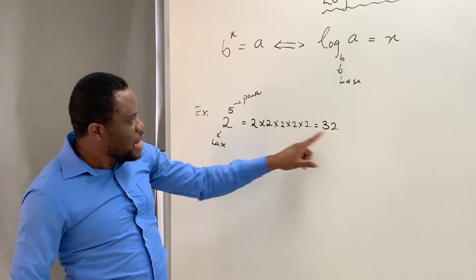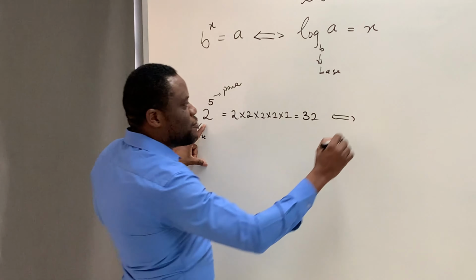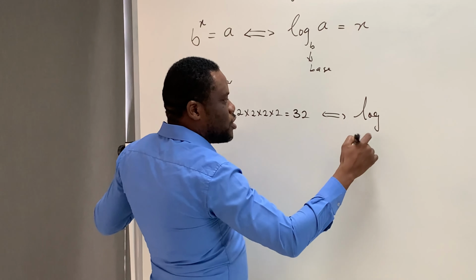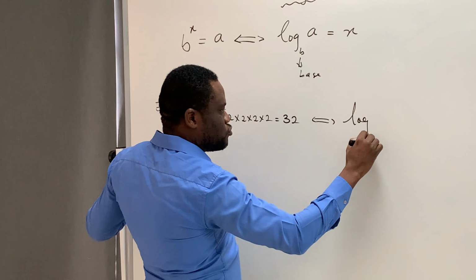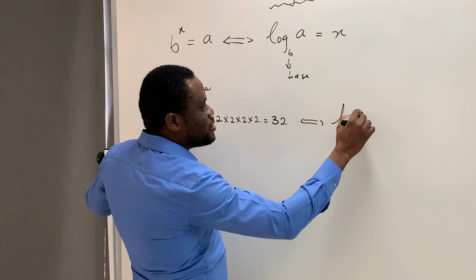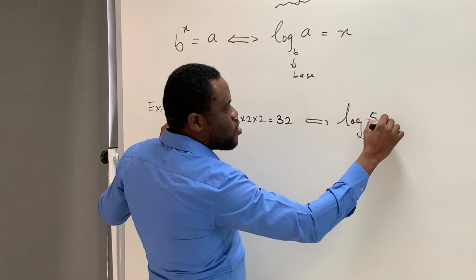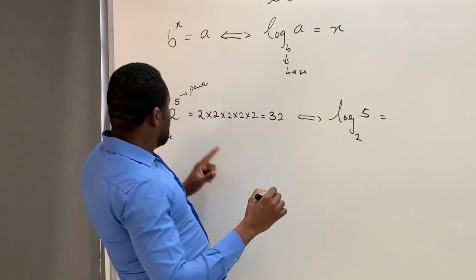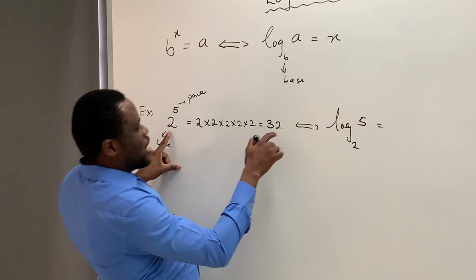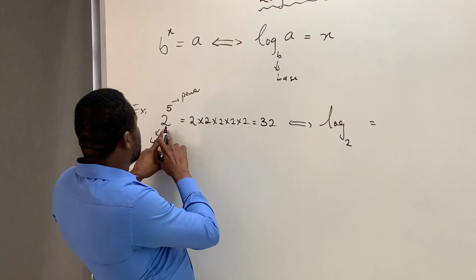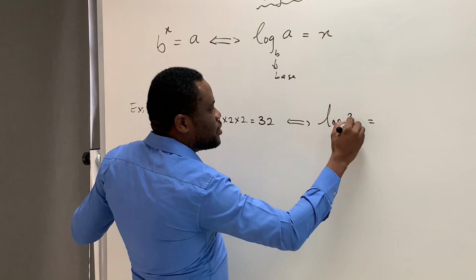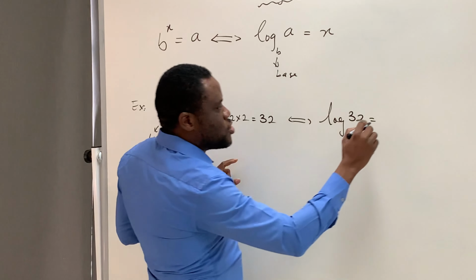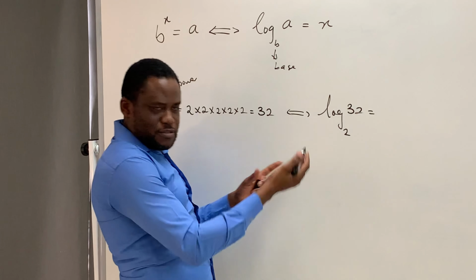Now, writing the corresponding one in logarithmic way. This is the base. It means we have the log of the base, which is 2. The argument, which is 32, is equal to what? This guy carries this, so we have log base 2 of 32, which is equal to 5. How do we know it's equal to 5? Let's see.